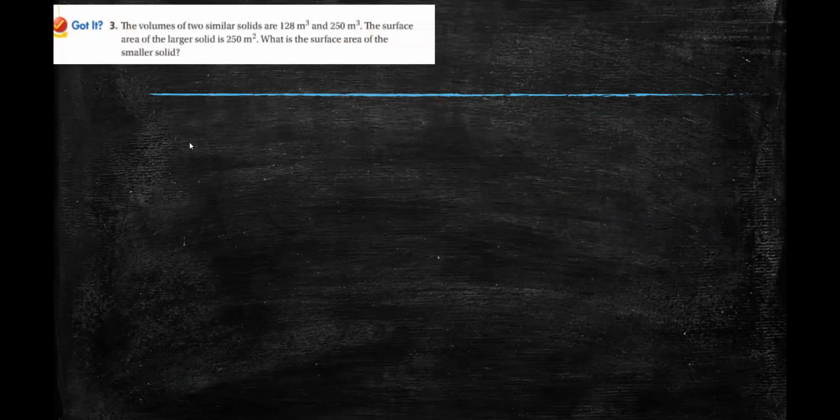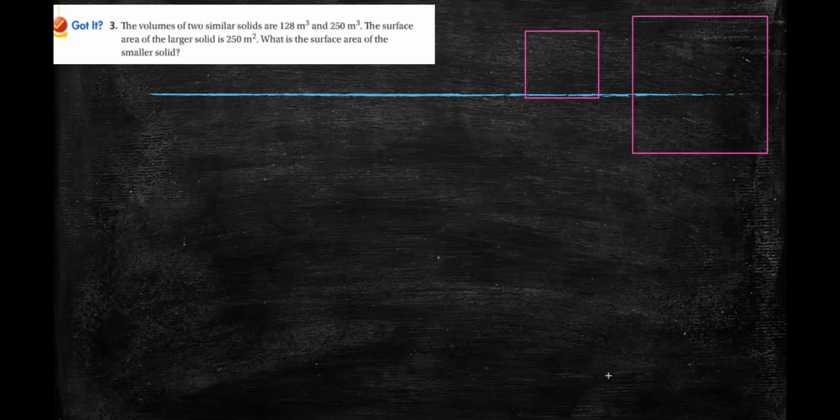The volumes of two similar solids are 128 meters cubed and 250 meters cubed. So here they give me two solids, without telling me what the two shapes are. This is the first solid as an example, and this is the larger one.